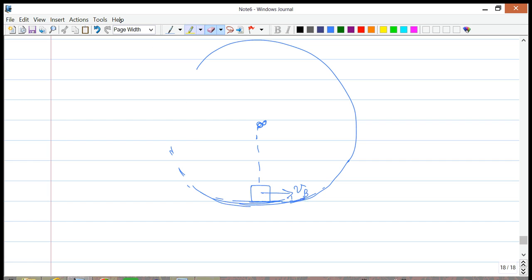and what we know is that the forces acting on the object are going to be the force of gravity, which is mg, then the force of tension, and the result of all this, because it's moving in a circle, is going to be m v bottom squared over the radius of the loop.